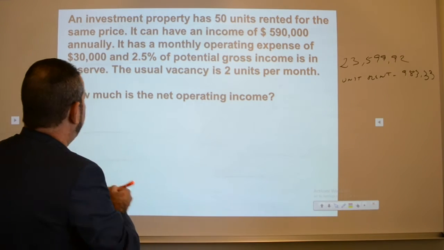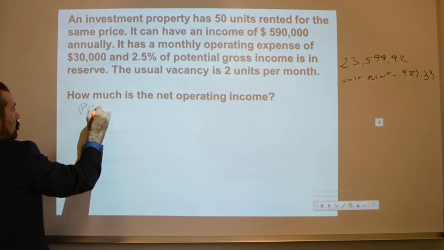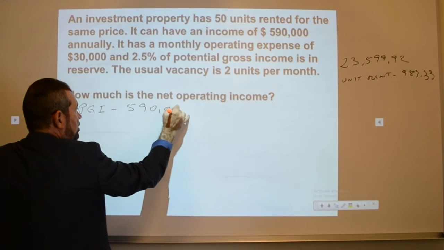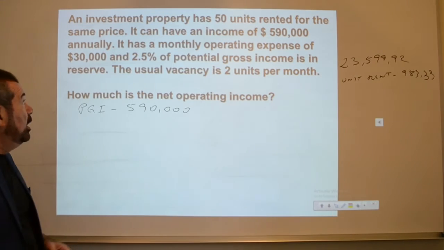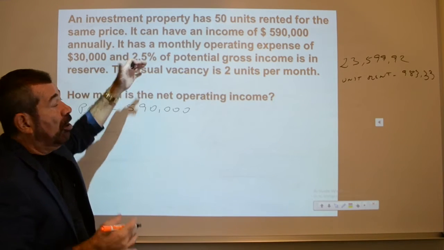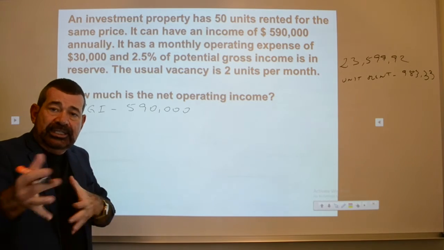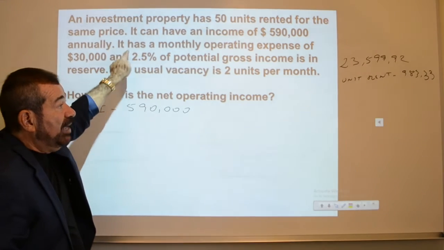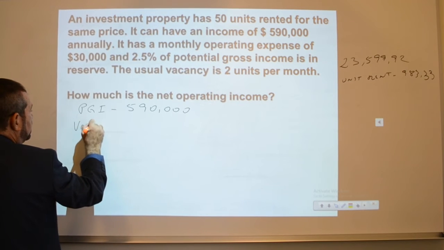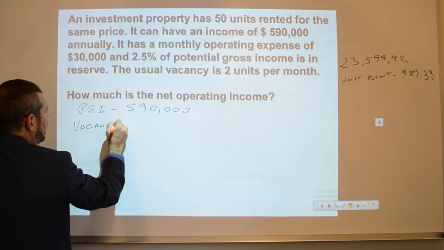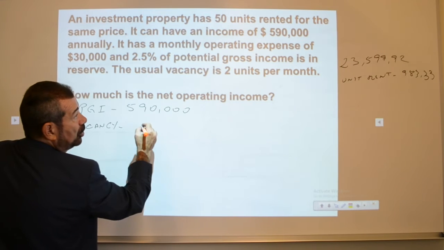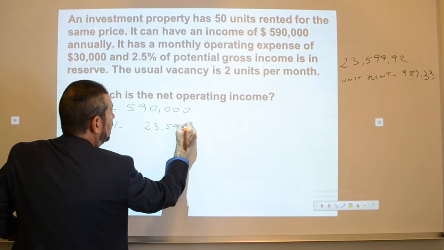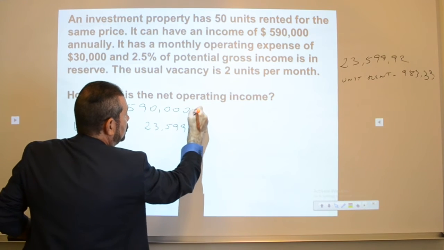Now, I'm going to put my potential gross income, which is $590,000, right here. It doesn't tell me anything about other income, so I'm not going to put other income, but it tells me about vacancy. So my vacancy that we just calculated is $23,599.92.